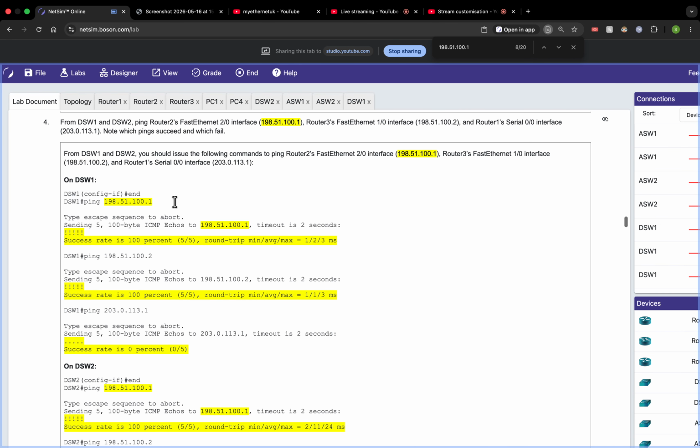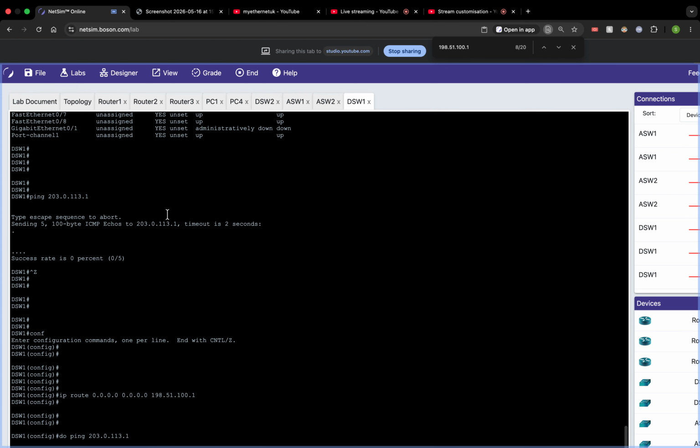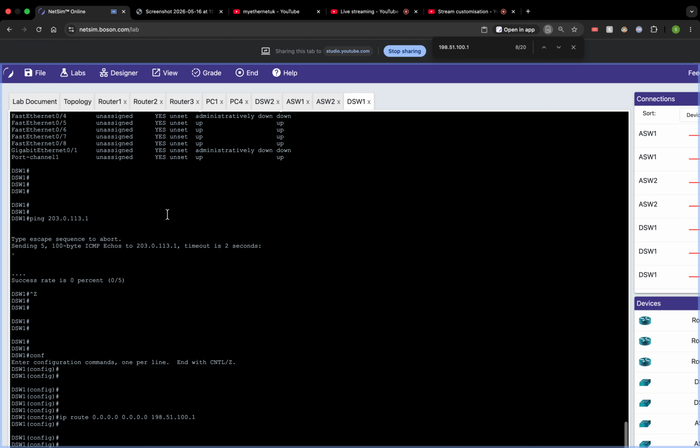So if I go back to router 2, IP route, 255.255.255.252. What would the next hop be?